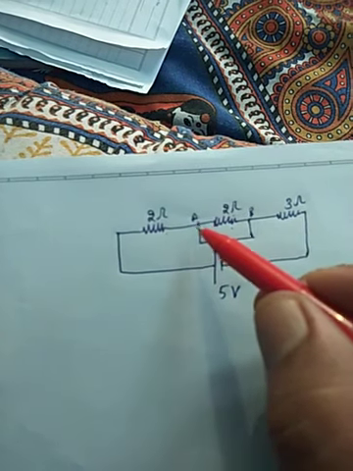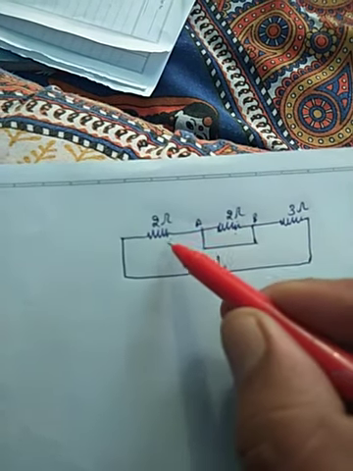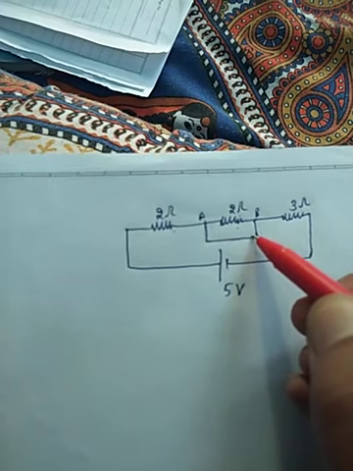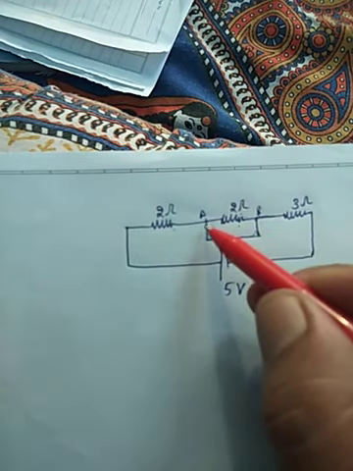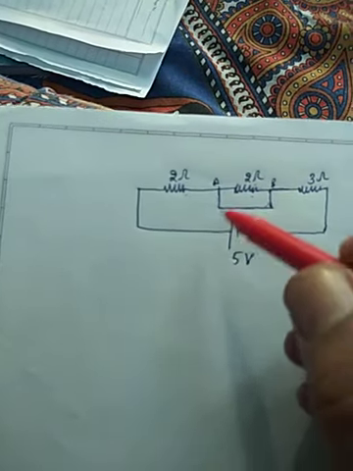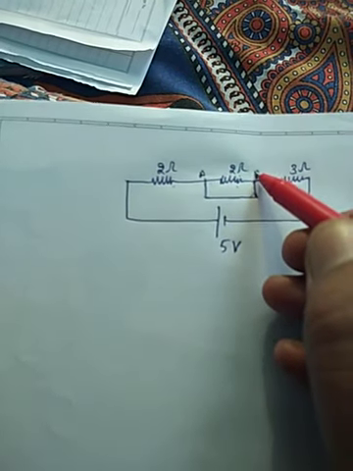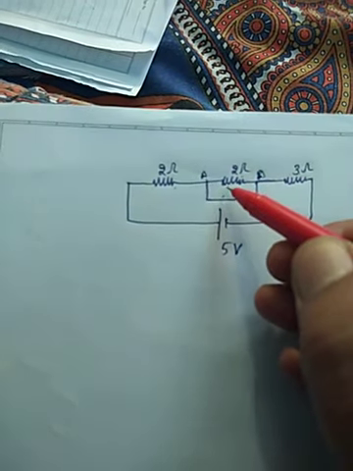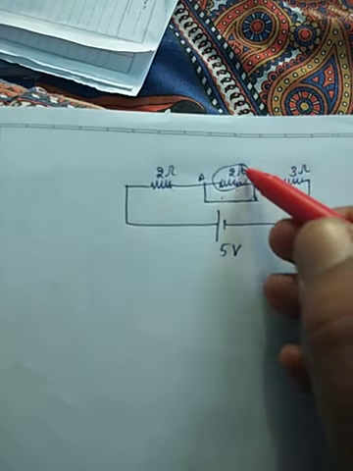So current will not flow through this. Current will flow like this, because it is the easiest way the current has to flow. So there is no drop of potential. Their potential will be A. This resistor will not get any current.